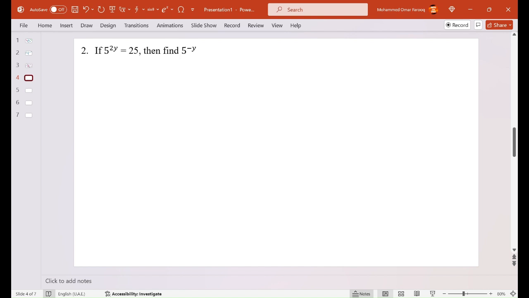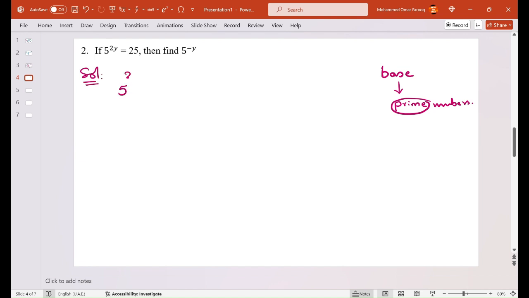The concept of solving laws of exponents is: whatever is the base, you turn it into prime numbers, wherever possible, and then use the laws of exponents whichever we have learned till now. So let me explain. Let us start with the solution.